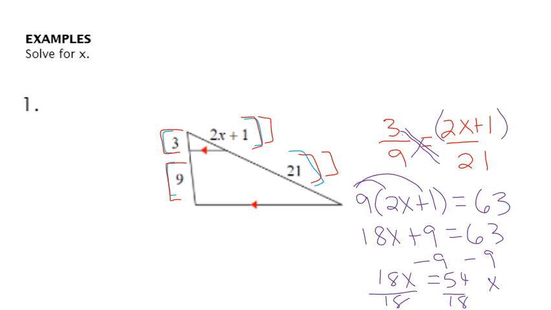When we divide, we get our x value to be 3. It doesn't ask us to substitute back in, but if it did ask for that other segment, you would just substitute it back in. But our question was just asking for x.